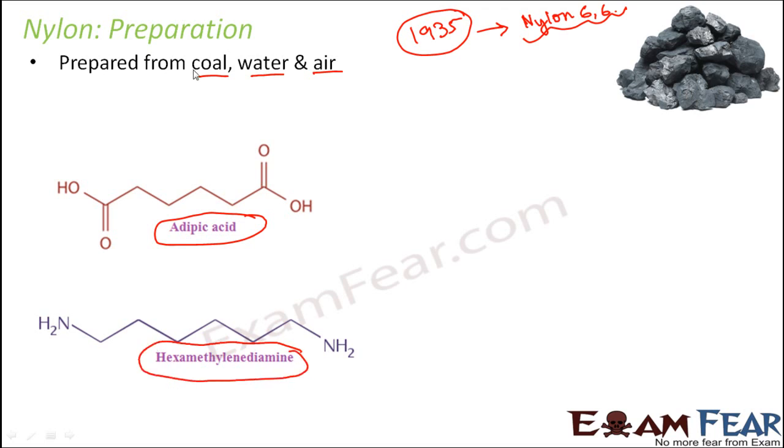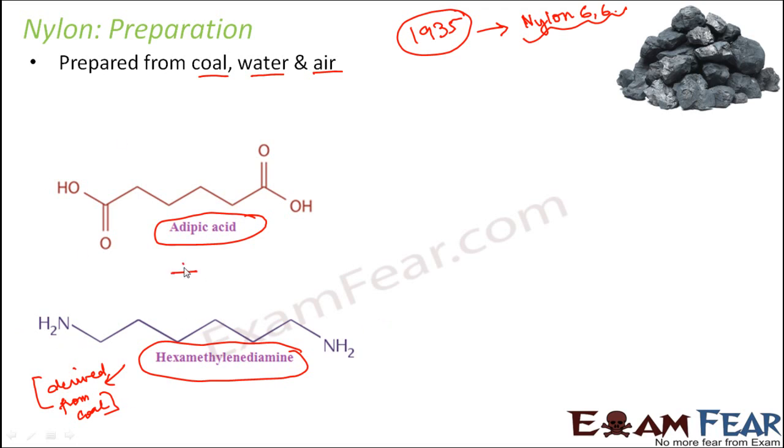Now you might ask, then why do we need coal? If we directly want to use these acids and amines, where do we get them from? We actually get these from coal. This hexamethylene diamine is derived from coal. We are not getting into those complex chemical reactions here, but you should just know that this is what we get from coal, and this is how the chemical structure looks.